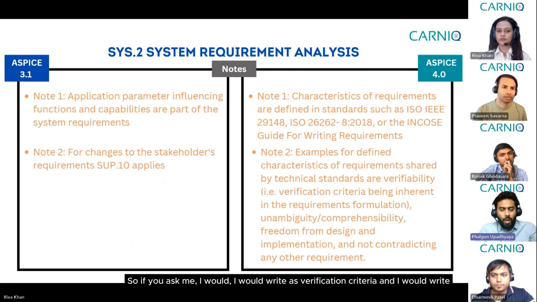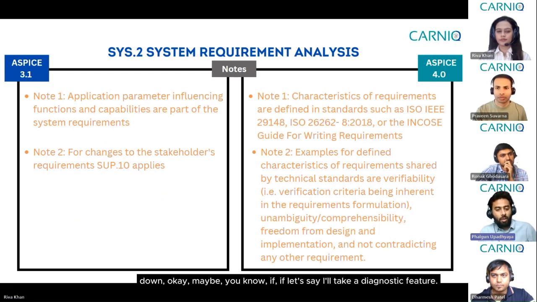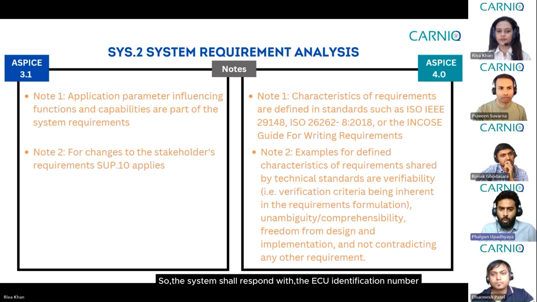So if you ask me, I would write down, let's say I take a diagnostic feature: the system shall respond with the ECU identification number when DID blah blah blah is requested.